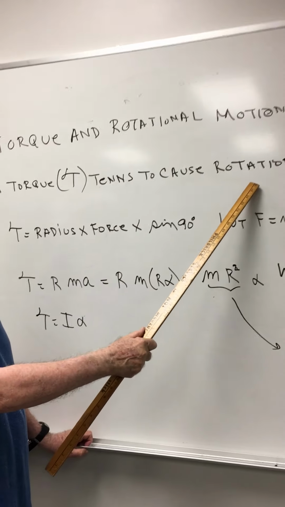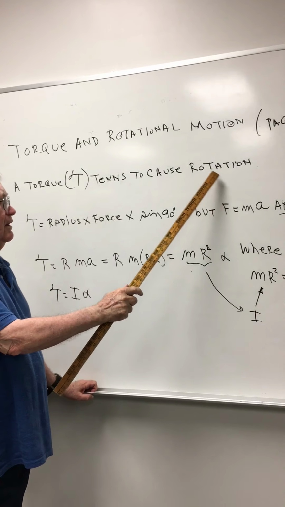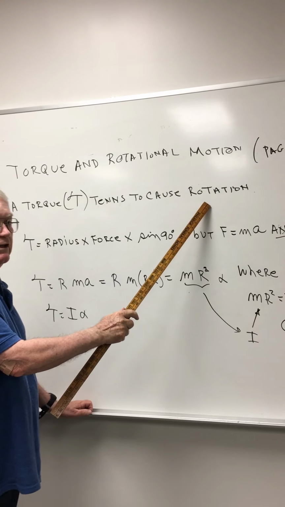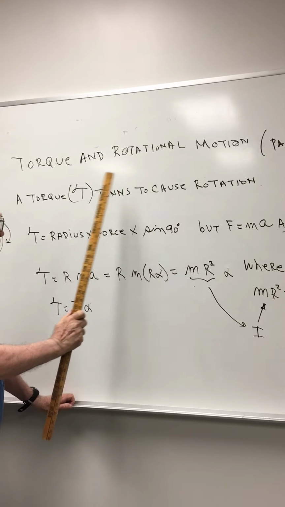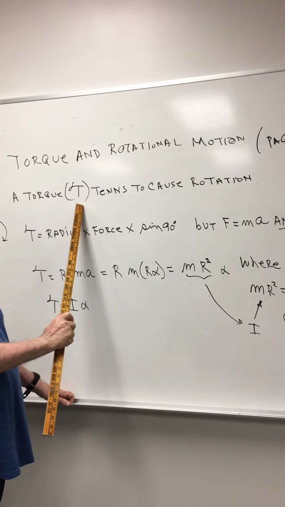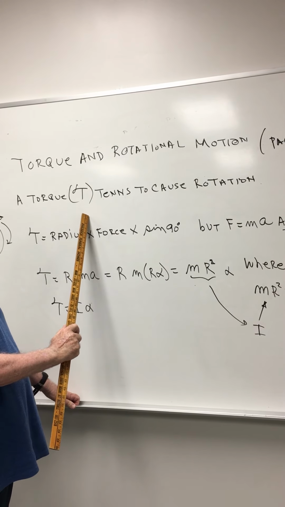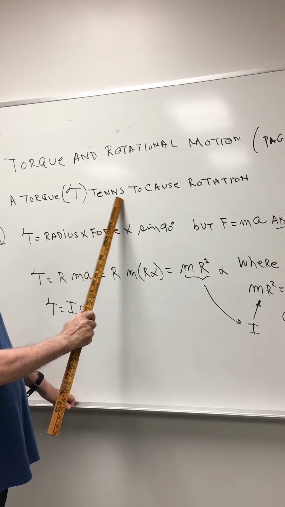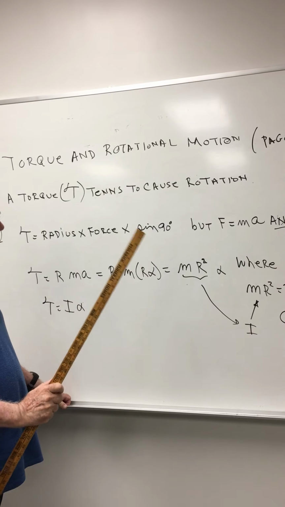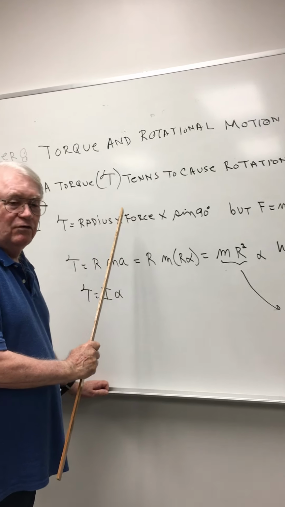Now also you're going to have some JPEGs, videos of this sort of thing. But it's in the textbook, pages 8-1 and 8-2 of the textbook. The torque, which is usually represented by the symbol tau, T-A-U, Greek letter tau. And this should say tends to cause, where it should be T-E-N-D-S, to cause rotation.